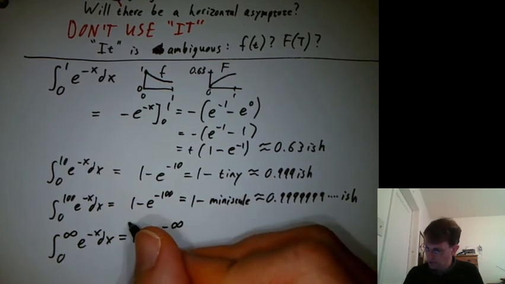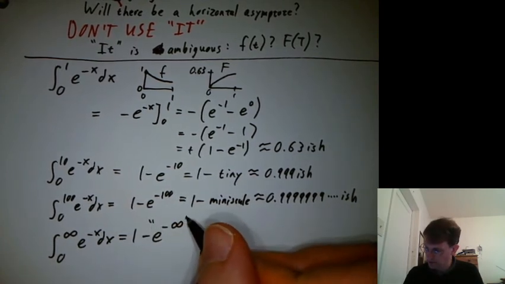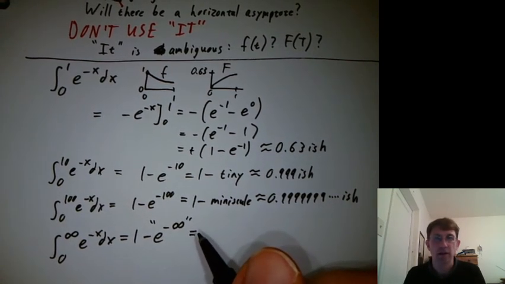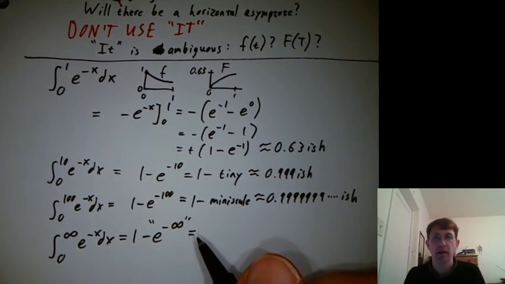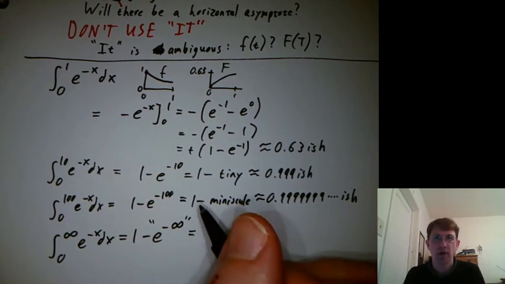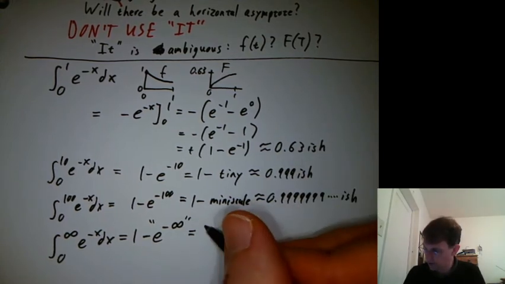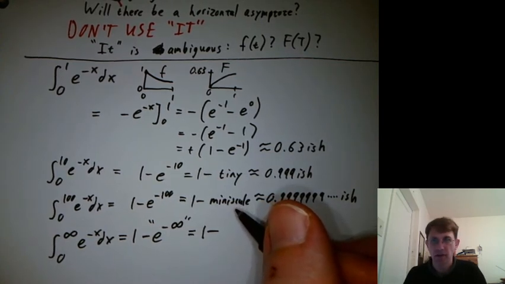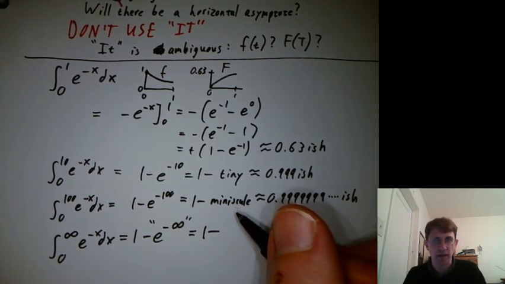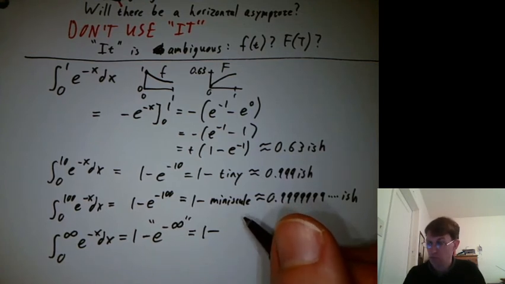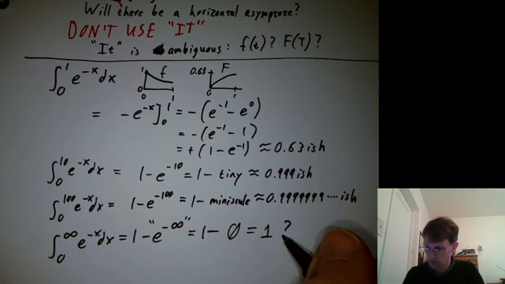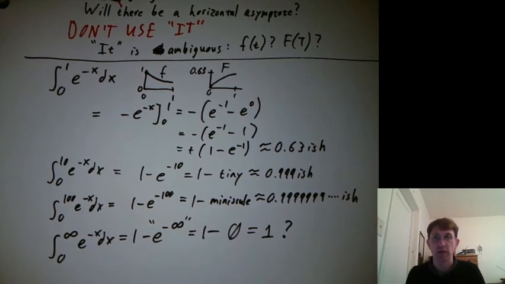We should kind of put quotes around that because it's not exactly a proper math thing to say, but engineers tend to say that stuff like that anyway, and that's okay. So how would you write it here? Would you say that's basically 1 minus as small as you can get, smaller than minuscule, like infinitesimally small, like 0? So is that just 1? Does that seem like it would work?